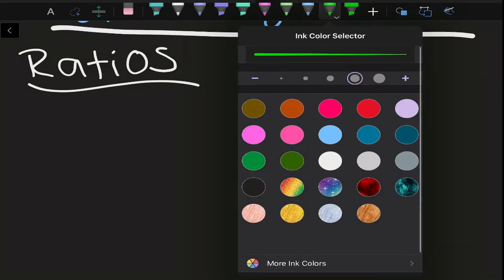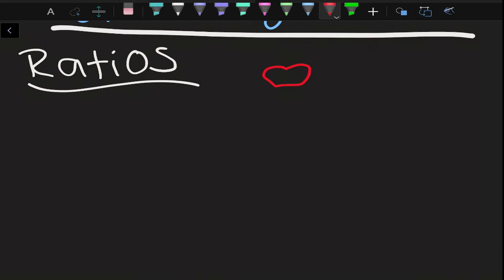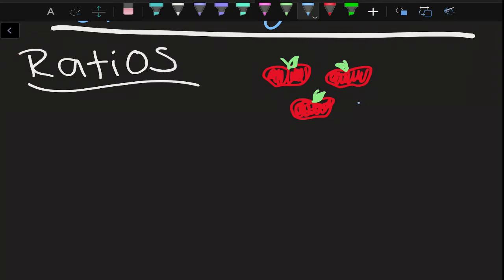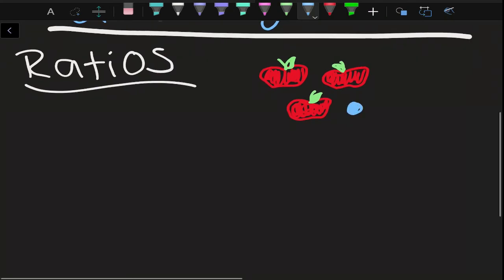So let's say, first off, that I have 3 apples. These are my apples. But I only have 2 blueberries.